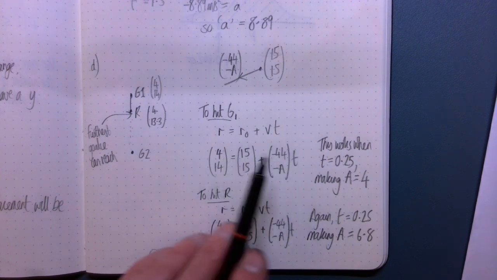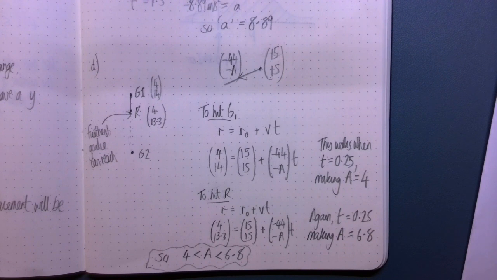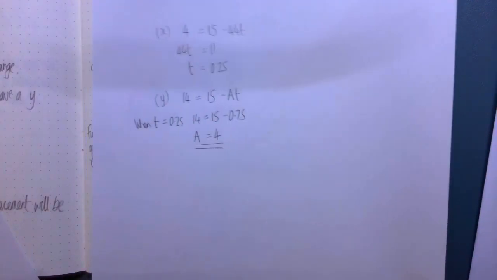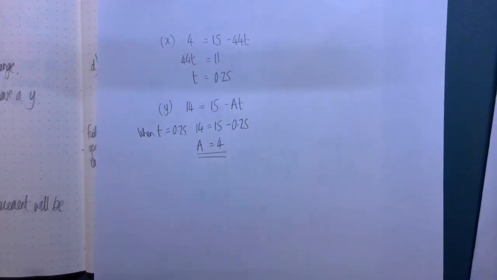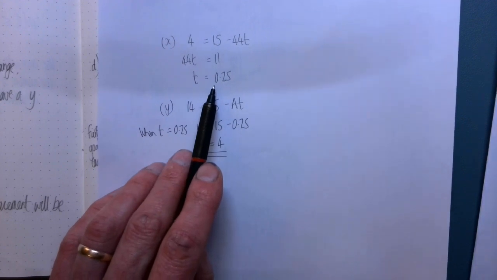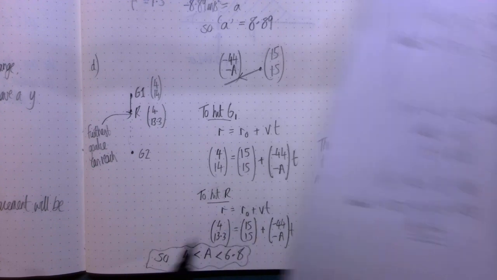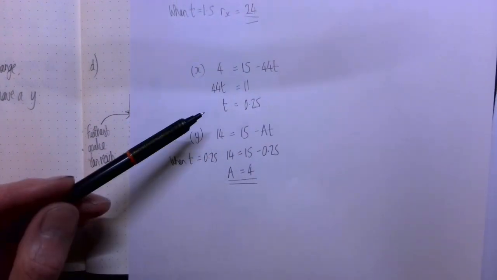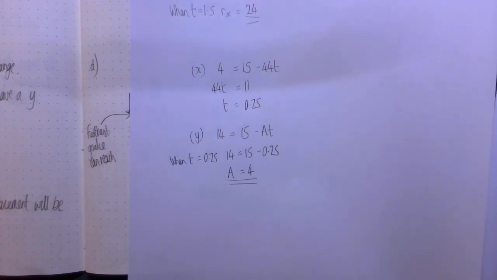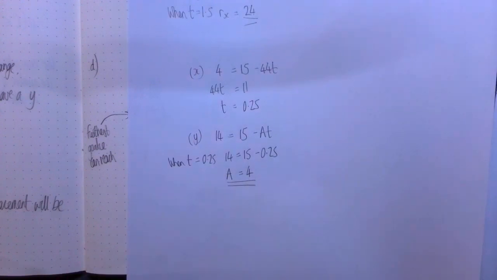Again, you might be able to have worked that out on your own, or you might have chosen to do separate x and y calculations. I've separated this equation into two separate equations. The x displacement this time gives me the fact that t is 0.25, a quarter, and from that I can work out the value of a.